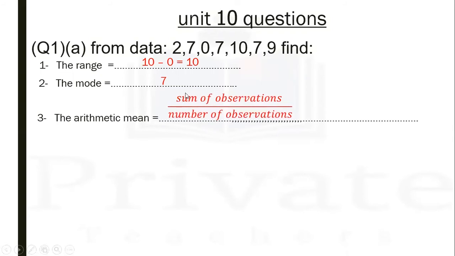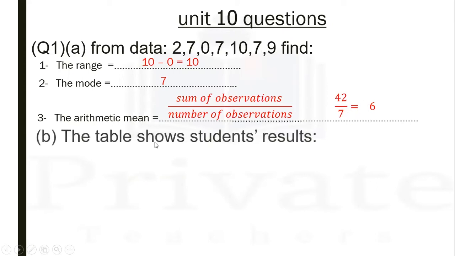So the rule of the arithmetic mean is the sum of observations over the number of observations. The sum of observations is 42, and there are 1, 2, 3, 4, 5, 6, 7 observations. So it becomes 42 over 7, which is 6. So the arithmetic mean is 6.